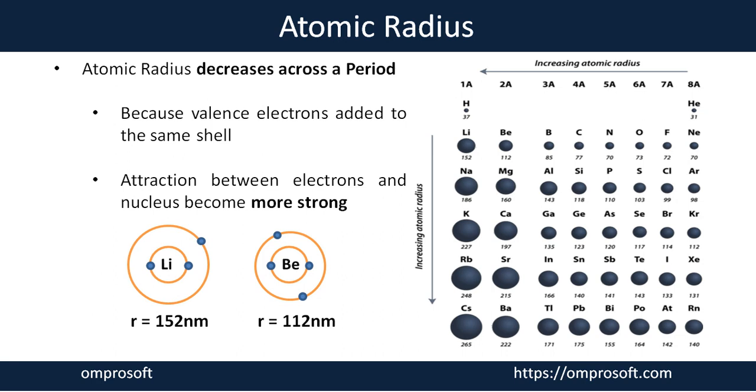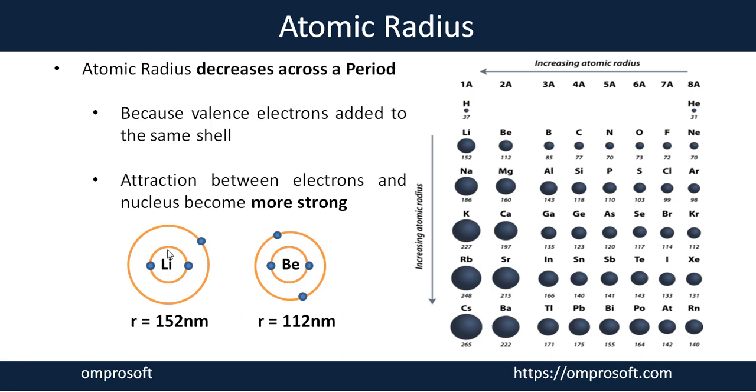Due to the opposite charge, these particles attract each other. And if the number of electrons increases while we move across a period, that attraction becomes stronger and stronger. Due to this, the electrons move towards the nucleus and the atomic size shrinks as we move across a period.